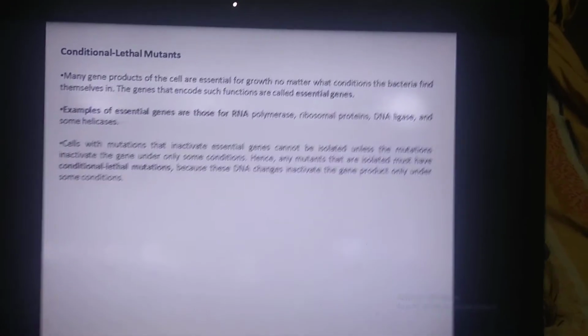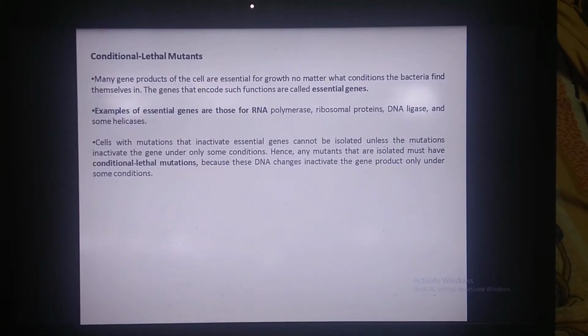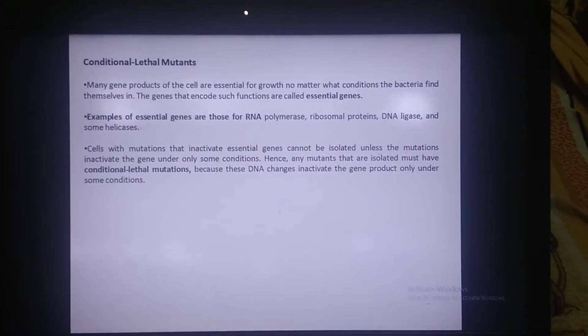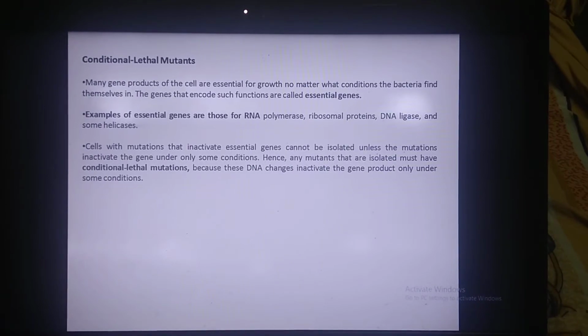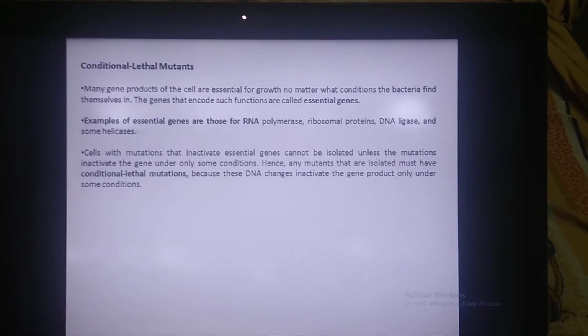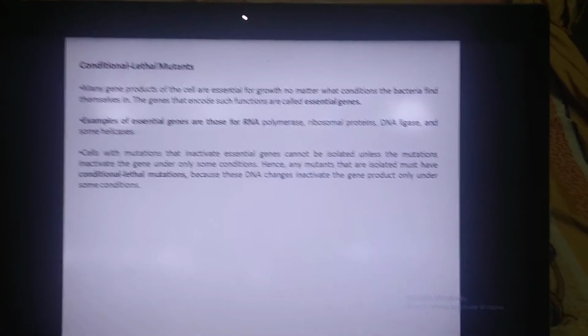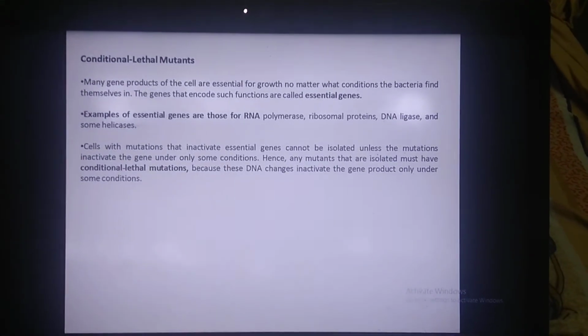These examples include some heat sensitive mutants. There can be a mutation in the DNA polymerase gene so that it cannot replicate at 42 degrees centigrade, but it can replicate at 36 degrees centigrade.